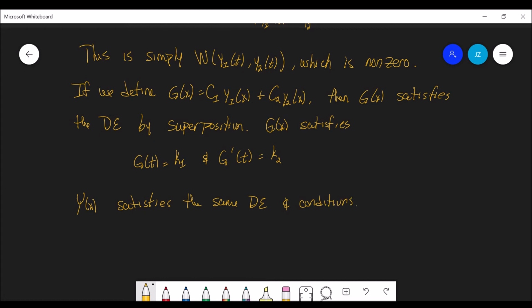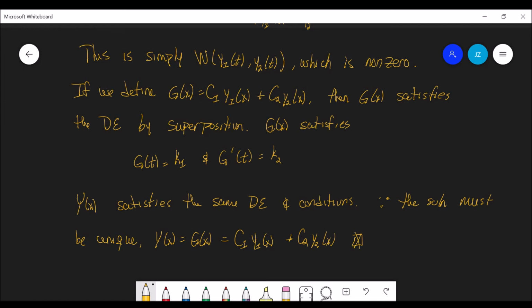Because the solution must be unique, y of x equals g of x, which is c1 y1 plus c2 y2, as desired.